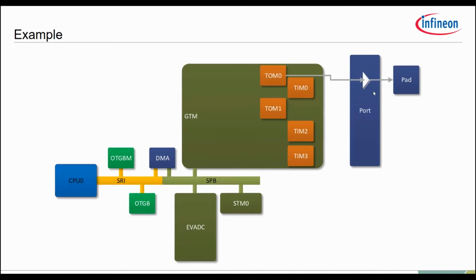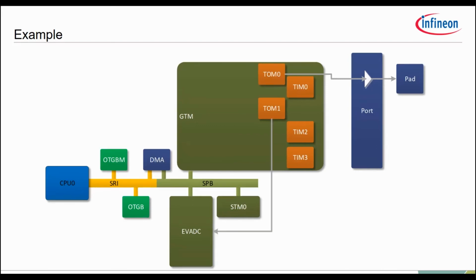First, here on the top right, there is the PWM output connection from TOM, the timer output module, to the output pins. This is the output signal that is driving the switches for the voltage control. Next, here in the middle of the picture, the timer channels are additionally driving the trigger signal for the EV-ADC to trigger the ADC conversion start synchronously to the PWM generation.